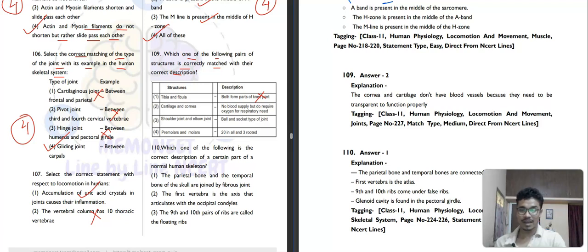Then cartilage and cornea, no blood supply but do require oxygen for the respiratory need. Correct one. Then shoulder joint and elbow joint, ball and socket type of joint. No. Shoulder and elbow joint are different. Elbow joint is hinge joint and shoulder joint is ball and socket joint. Then premolar and molar, 20 in all and 3. Not correct. So second option is our correct answer. Then 110.